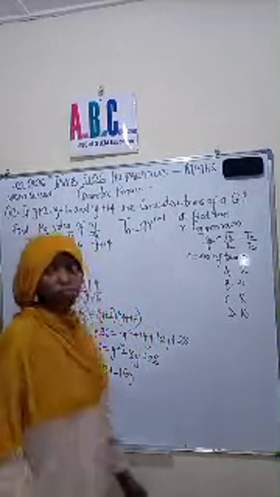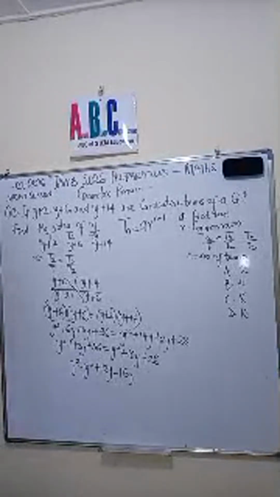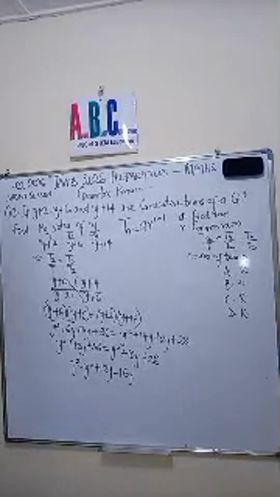Hope the comment section is not blocking the board. The comment section is blocking the board. Let me adjust the track. Is this better? Better, right? It's better. I'll continue. I just want to set the tripod stand so that what I'm writing, the comment section does not block the board.